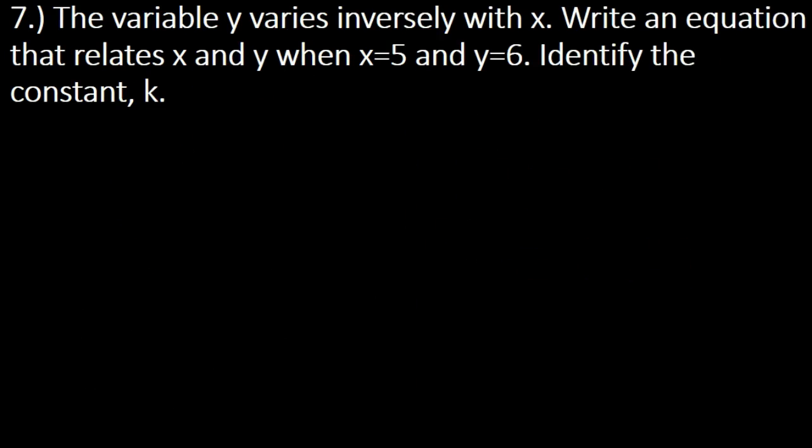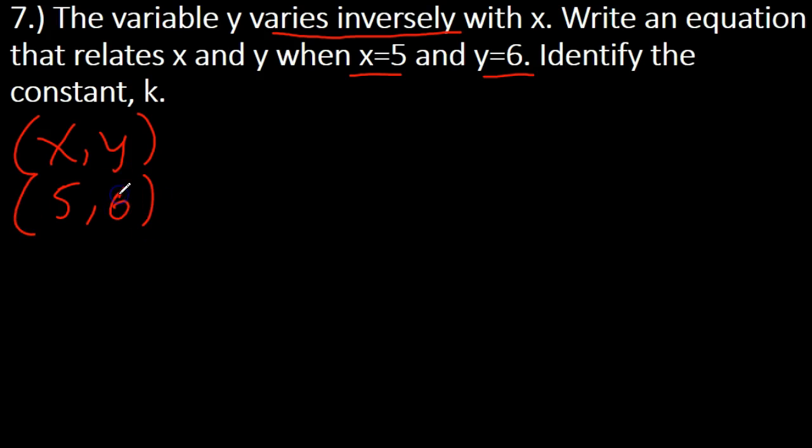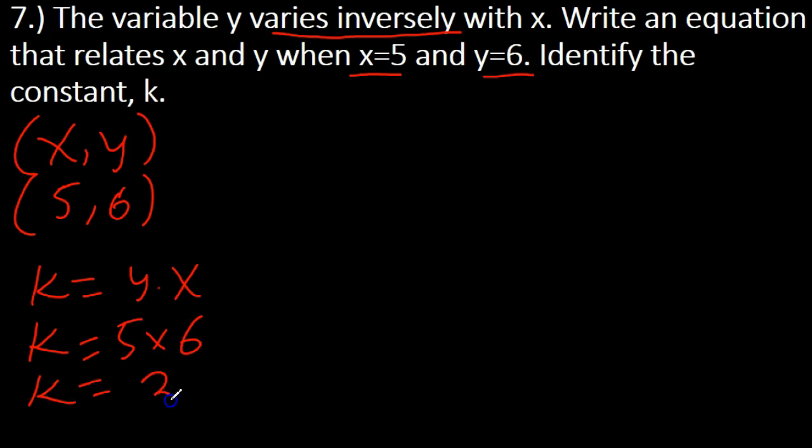All right, last one. The variables y and x vary inversely. Again, we can write the ordered pair of x and y: when x is 5, y is 6. Since they vary inversely, you multiply y and x to get k. So 5 times 6, or 6 times 5, doesn't matter, gives us 30.